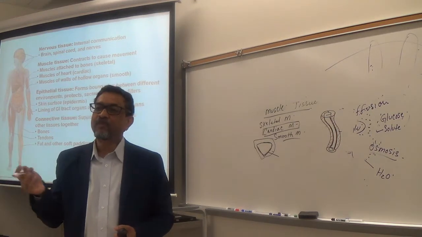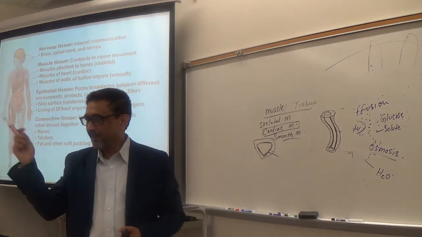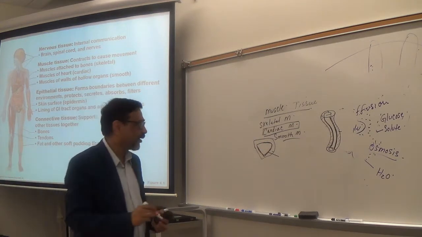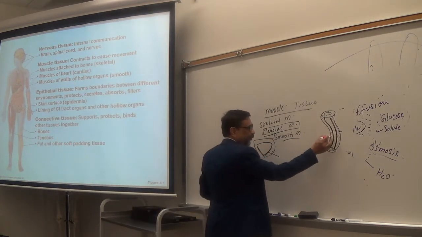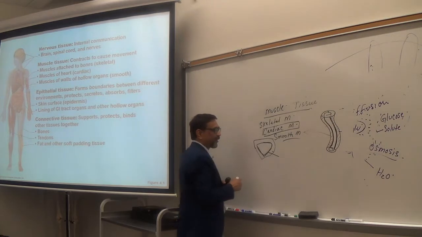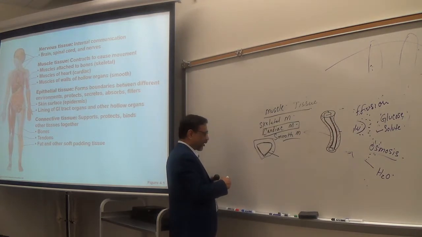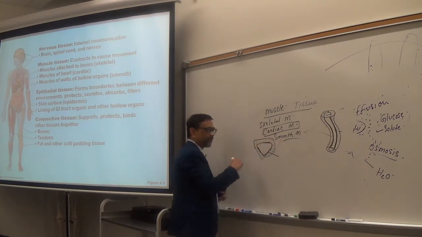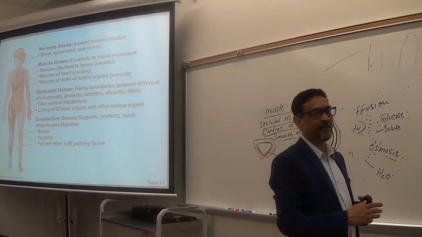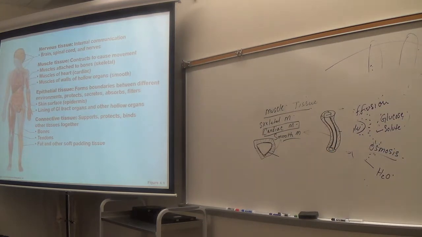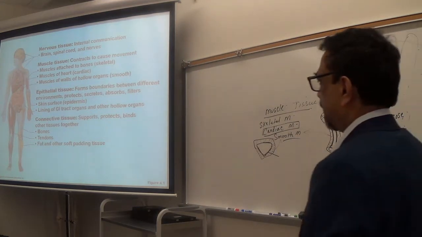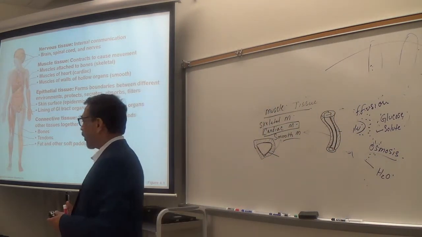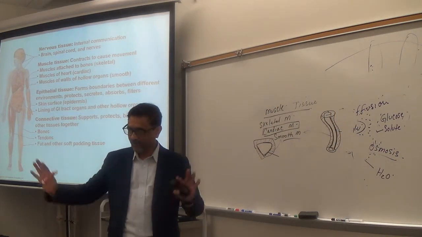Bronchi. So, in the wall, not inner lining. Inner lining is epithelial, but in the wall of tube-like structures, you have smooth muscle, as well as in the wall of hollow organs like stomach, urinary bladder, uterus. In the wall, you have smooth muscle. Okay. So those are three different types of muscle tissues and where you will find them. Clear?